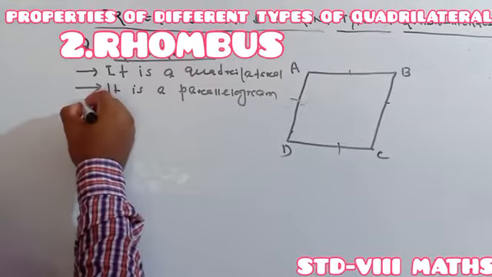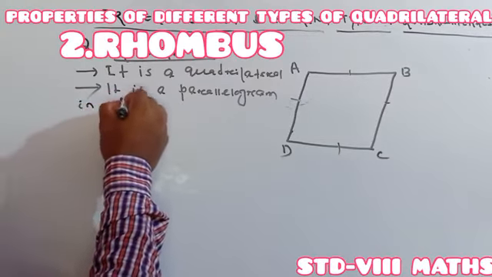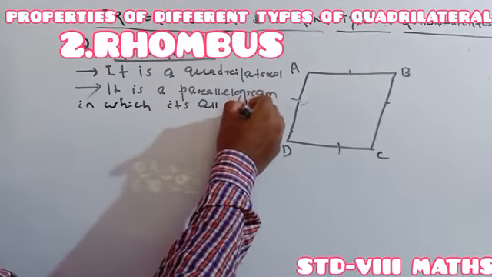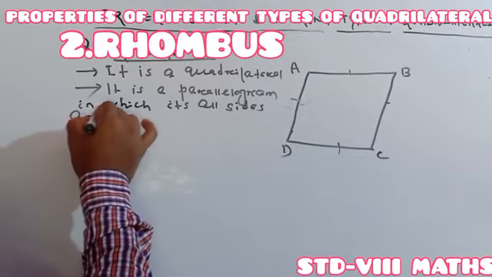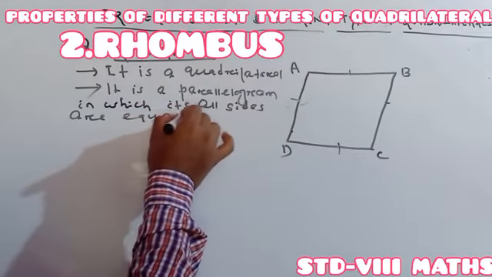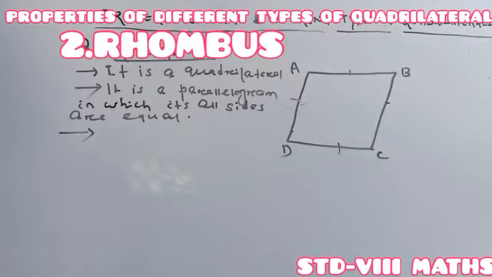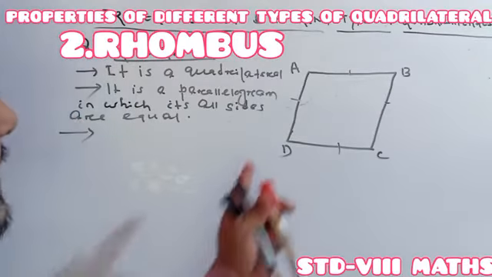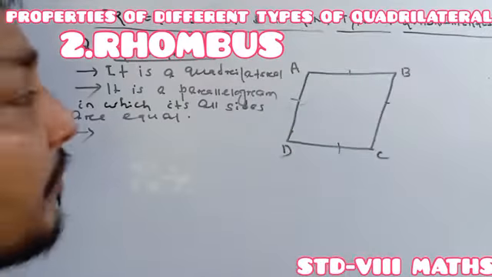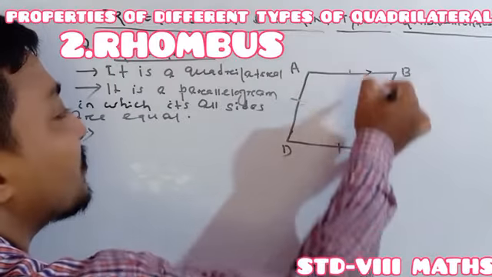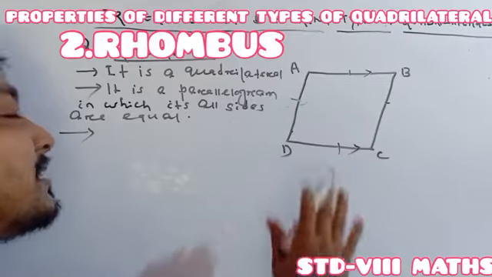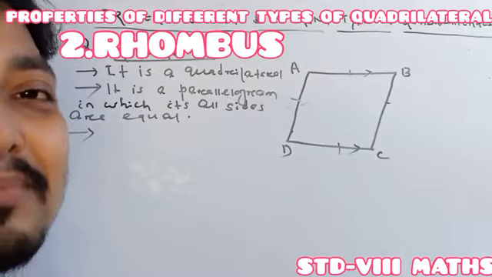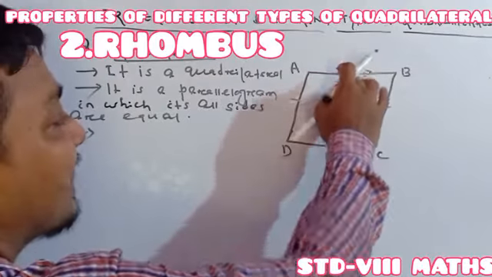So it is a parallelogram, which means whatever property was said previously, all these properties are to be satisfied, along with the extra one: all four sides are equal. Previously in the parallelogram it was said that pairs of opposite sides are parallel. As it is a parallelogram, it is bound to satisfy all the properties of the parallelogram. It means pairs of opposite sides are parallel.